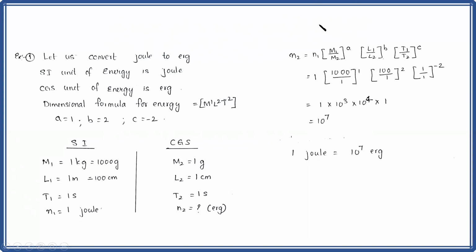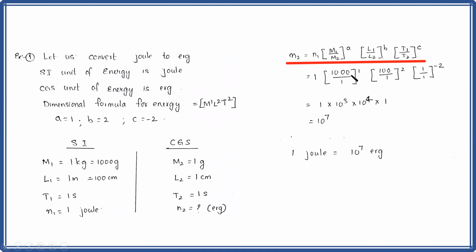Substitute all of them in the same formula which we discussed previously. N2 is equal to N1 into (M1 by M2) to the power of a, (L1 by L2) to the power of b, (T1 by T2) to the power of c. Substitute all the values which I have mentioned here.